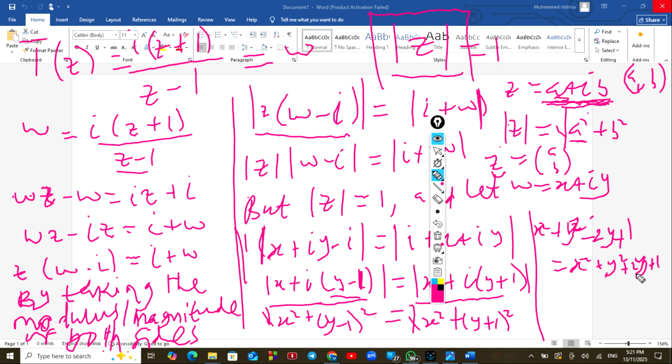So let's group all terms containing variables to the left. Here we just have x squared. If we bring this other x squared over, this x squared and the x squared here will cancel out. Here we have y squared. If we bring this y squared over, it will cancel out.